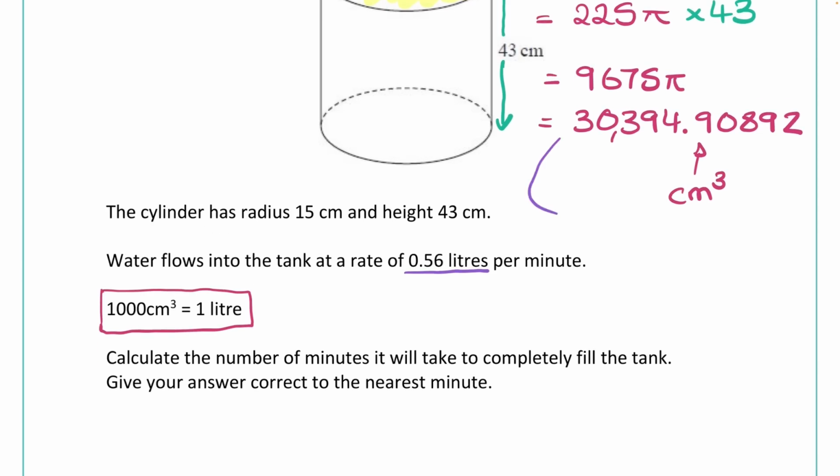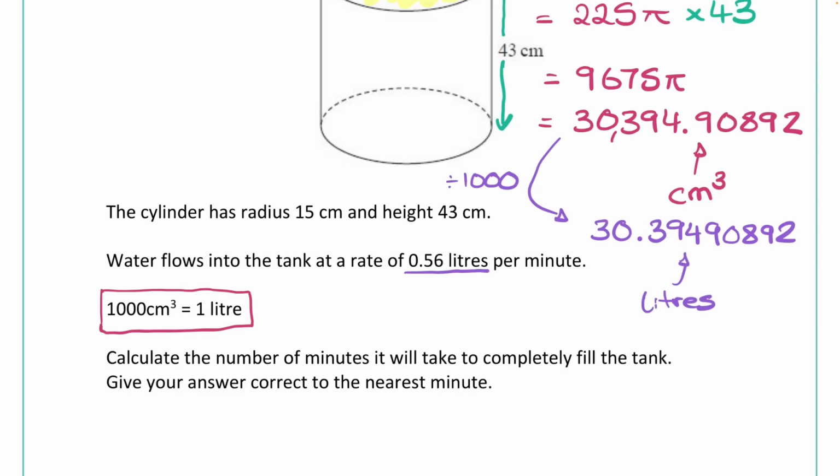To convert it into litres, there are 1000 centimetre cubed in every litre, so we're going to divide by 1000. So I still have that number on my calculator. I'm now going to press divide by 1000, which just hops that decimal 3 jumps to the left, and that comes out as 30.39490892, and that is now in litres.